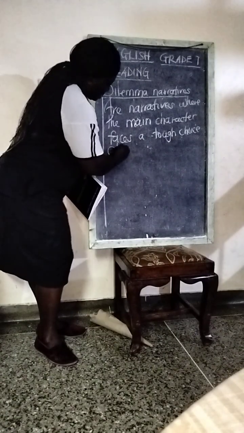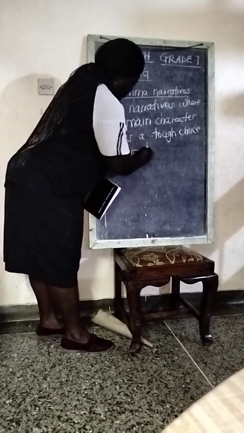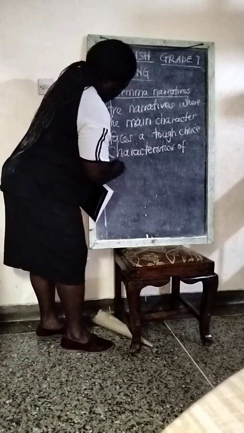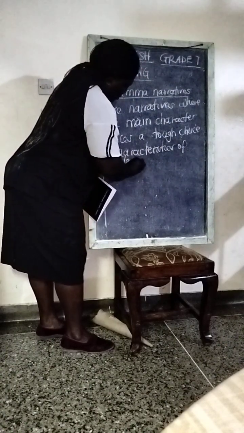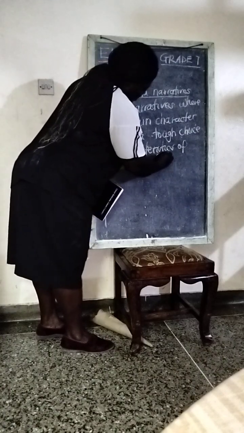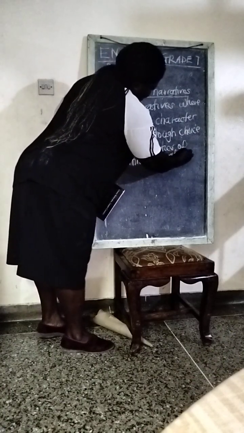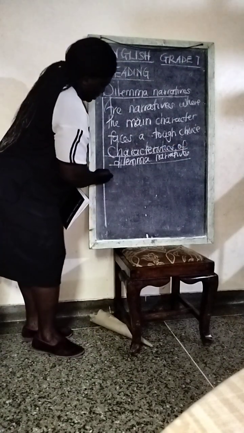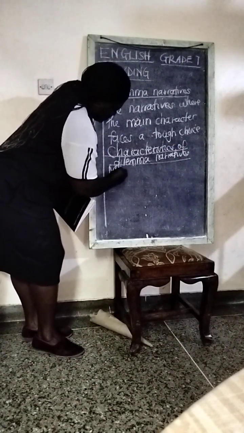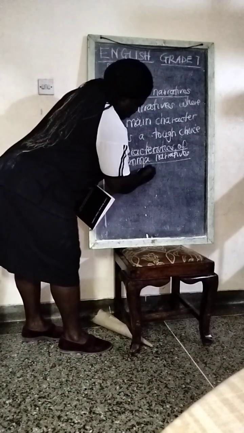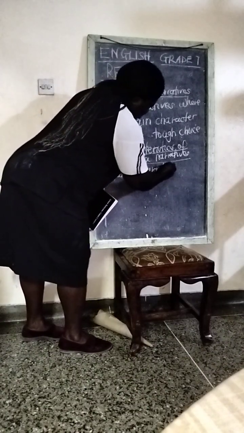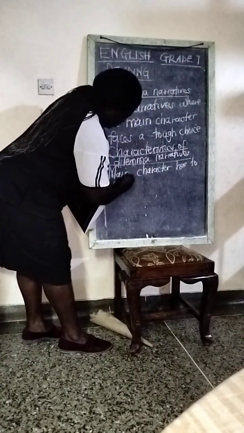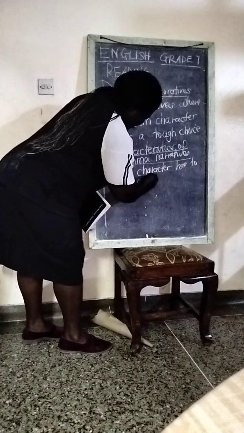What are the characteristics of dilemma narratives? Number 1, characteristic from the definition is saying the main character has to make a tough choice.